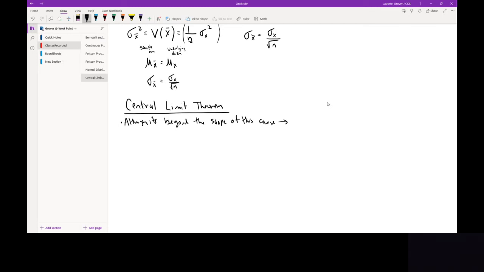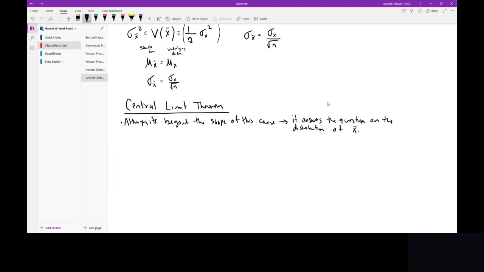It'll take a couple of days to get all of the theory that you need. But what it does is answer the question on the distribution of x bar. And we'll just state it.